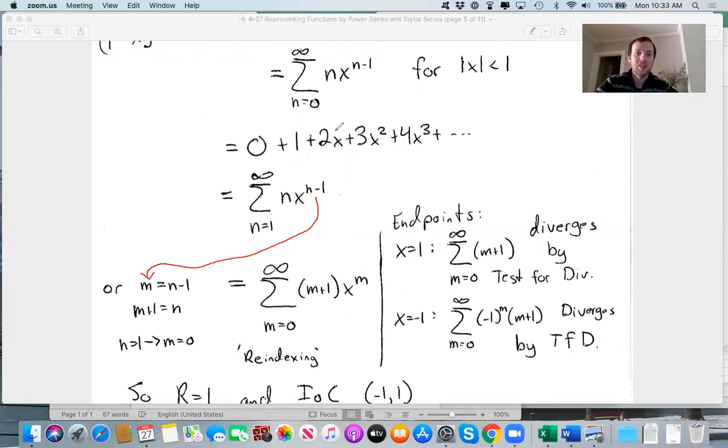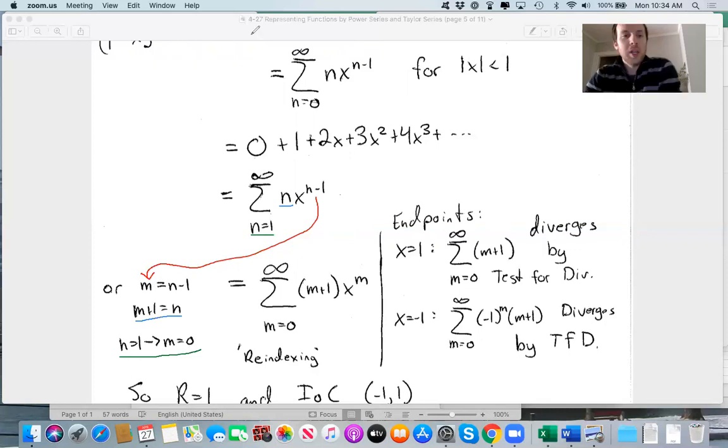And that says that this n is going to be m plus 1. And then we also need to think about where we start. So if n equals 1, then using this equation here, putting n equals 1 in here, the corresponding m is 0.